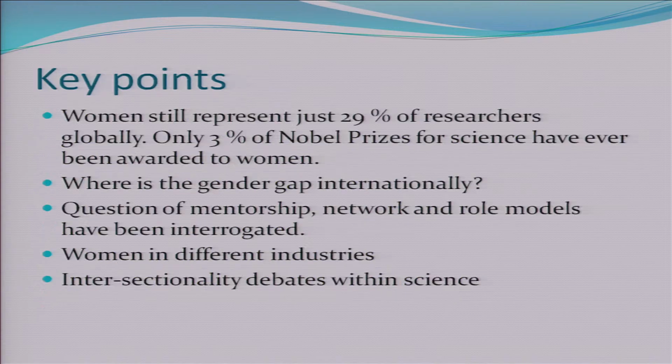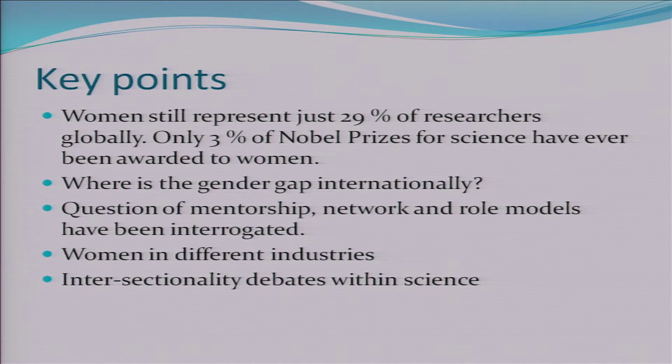The key points we are discussing in these blocks are that women still represent just 29% of researchers globally. Only 3% of Nobel Prizes for science have been awarded to women. So where is this gender gap internationally? These questions have also been addressed, and the question of mentorship.